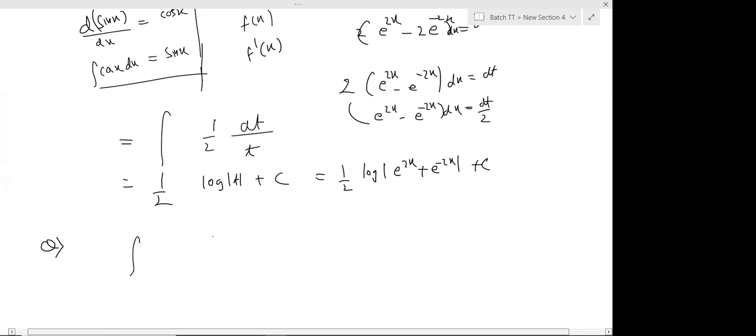Try to solve this question. 2 cos x minus 3 sin x whole divided by 6 cos x plus 4 sin x dx.